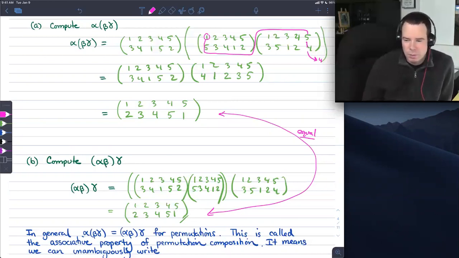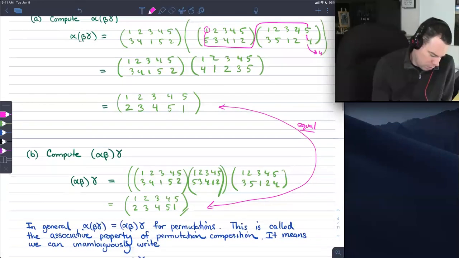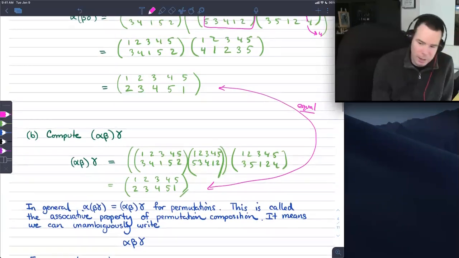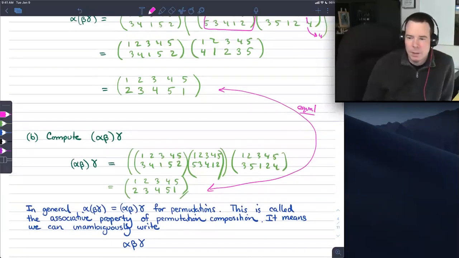So in general, these grouping brackets of which one to do first doesn't make any difference. So we call that the associative property of permutation composition. And it means that we can unambiguously write alpha, beta, gamma, without having to specify which two to multiply first, because we could multiply alpha, beta, or beta, gamma, and it doesn't matter.